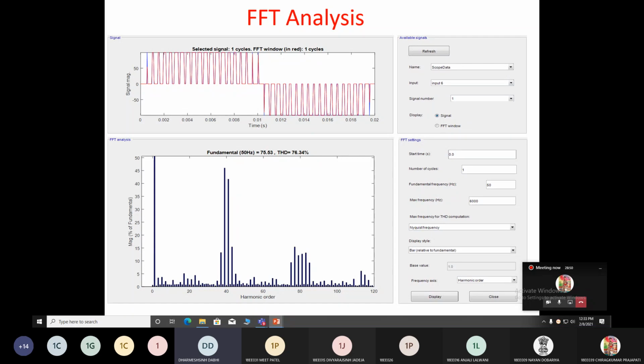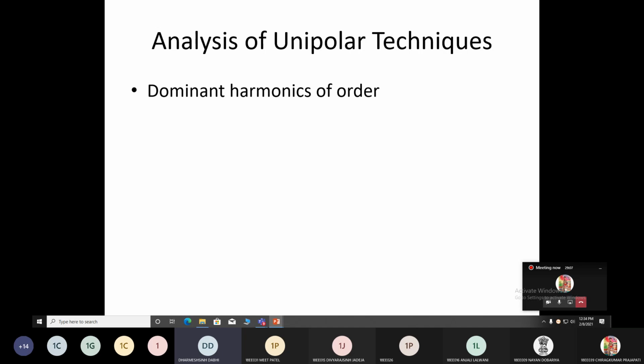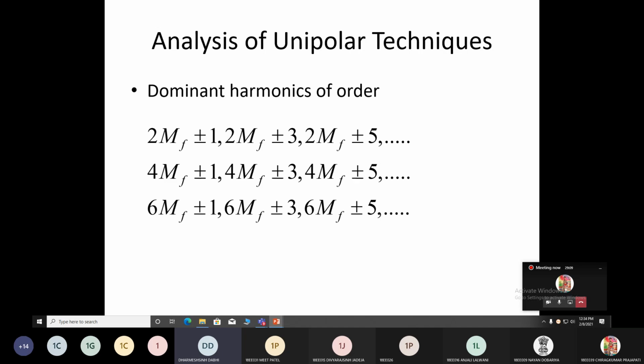Clear? As the frequency of the harmonic increases, you require a smaller filter because the values of L and C decrease. So in the unipolar technique, as compared to the bipolar technique, you require a small size of filter. That is the advantage of the unipolar technique compared to the bipolar technique.